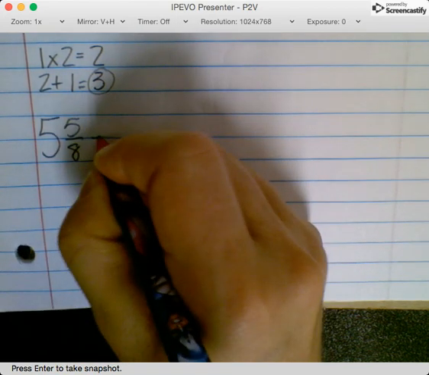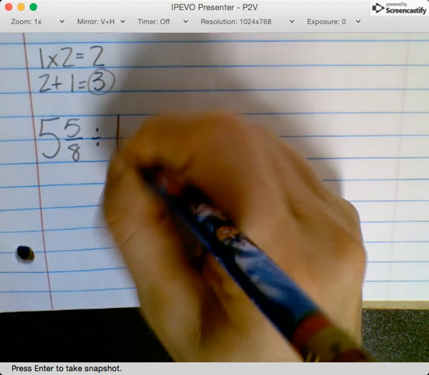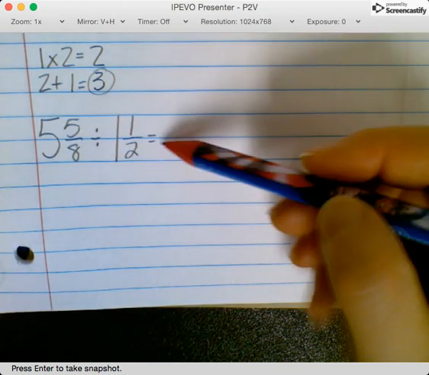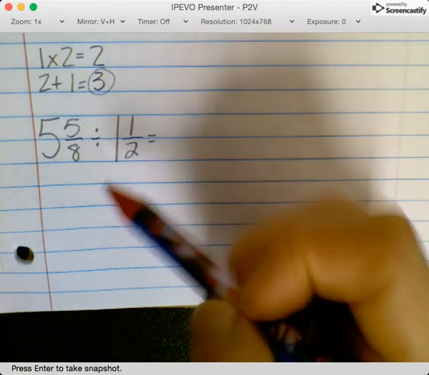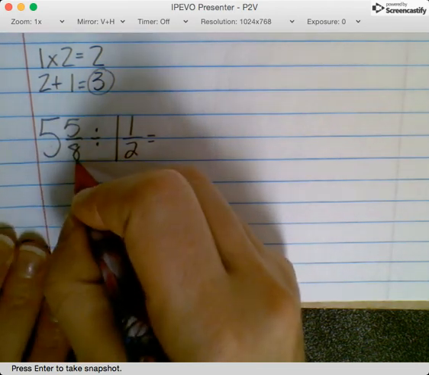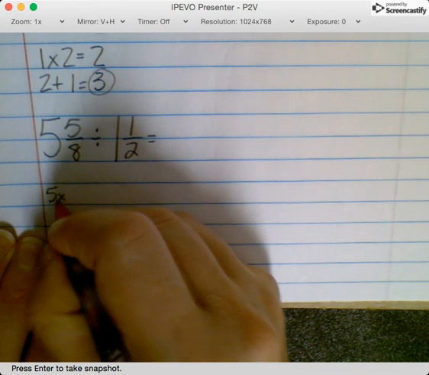5 5/8 divided by 1 1/2. Okay, so this time I have two mixed numbers. I'm going to change them both to improper fractions. So I would do 5 times 8, which is 40.